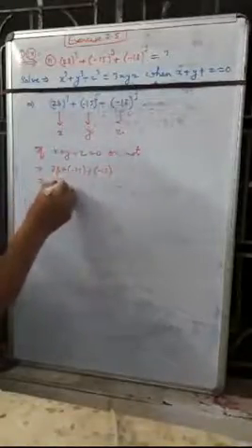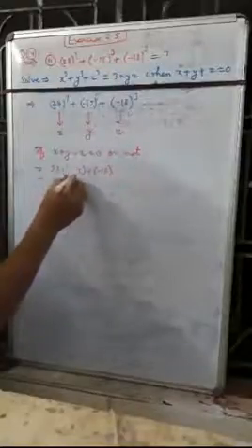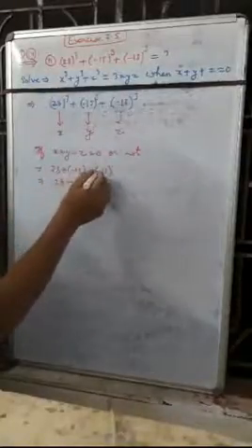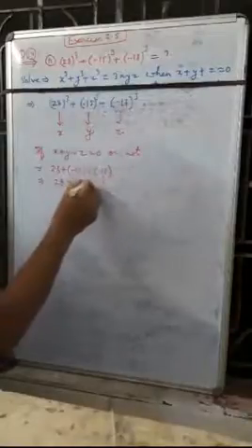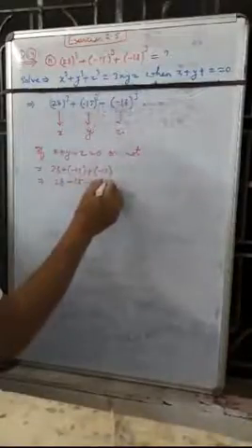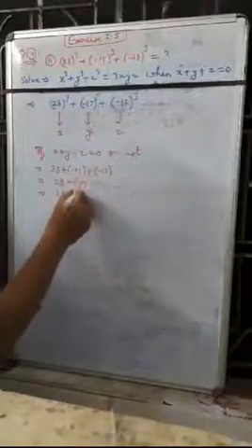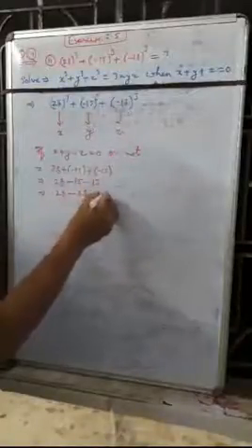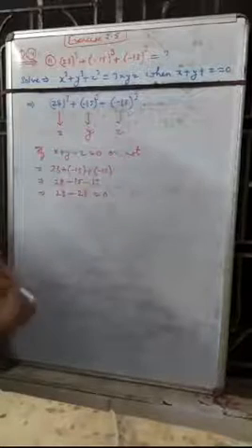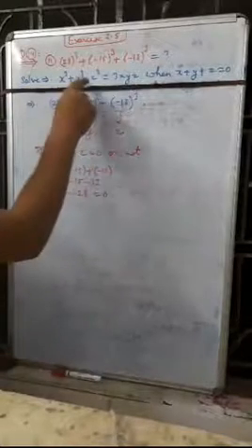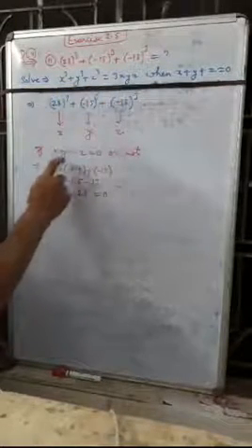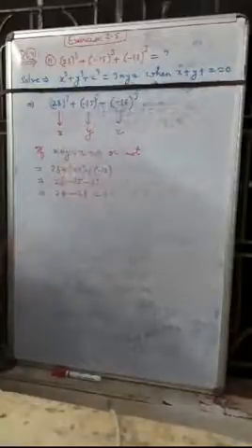So 28 minus 15 minus 13, that is 28 minus 28, which is equal to 0. So we can say that this formula can be applied here because we have x plus y plus z is equal to 0.